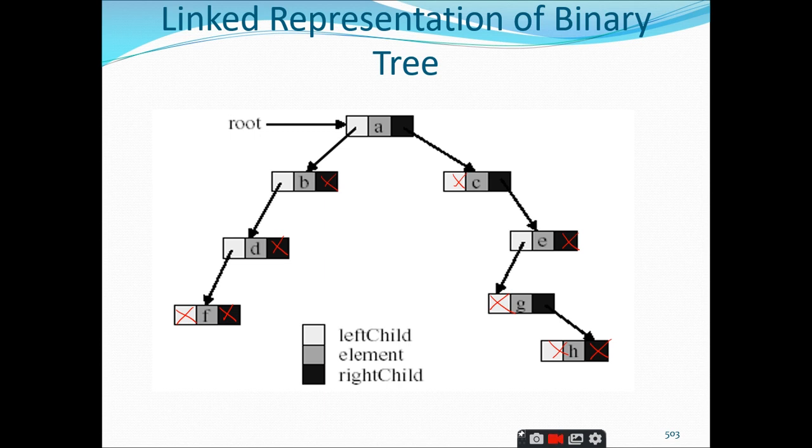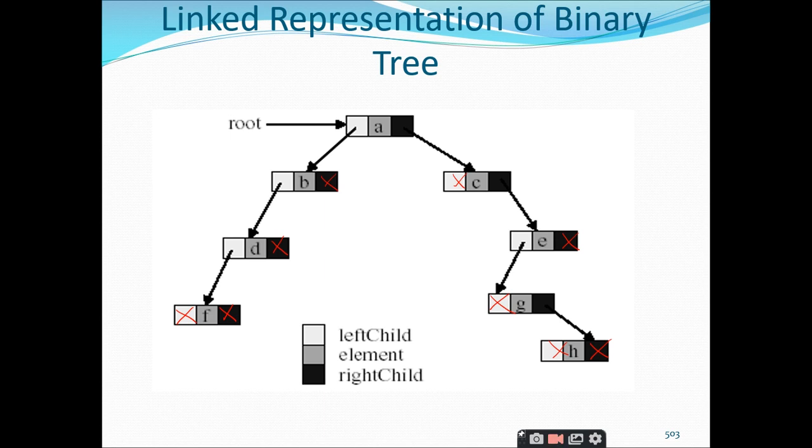To overcome this, we have come up with another representation of binary tree, that is representation using linked list, where you will be allocating the memory for the binary tree using dynamic memory allocation. And the advantage we have with dynamic memory allocation is, we don't have any wastage of memory. As much memory as we want, only that memory we are allocating, right?